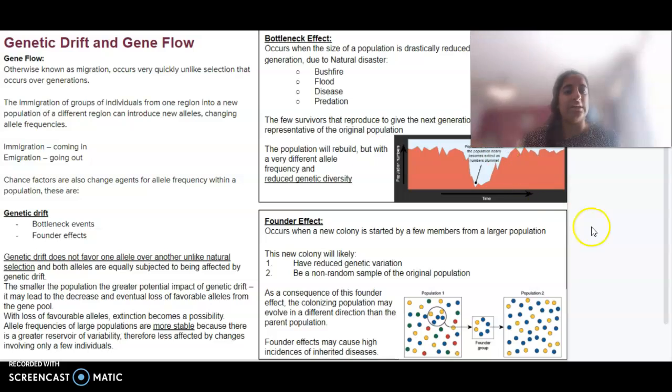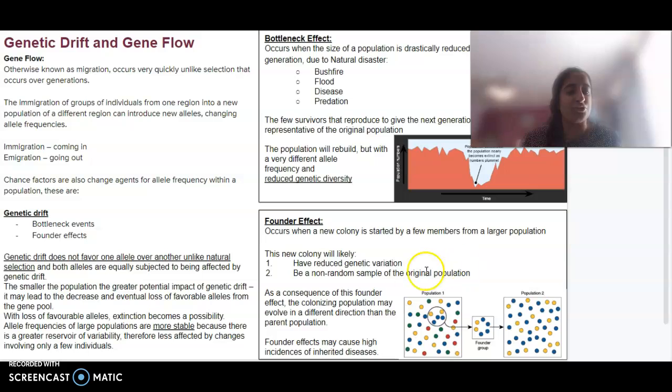Founder effect, however, is basically where a new colony is created by a small group or a small few members from that larger group. So that new colony that might be created, okay, they might very well have a reduced genetic variation, and it would be a non-random sample of the original.